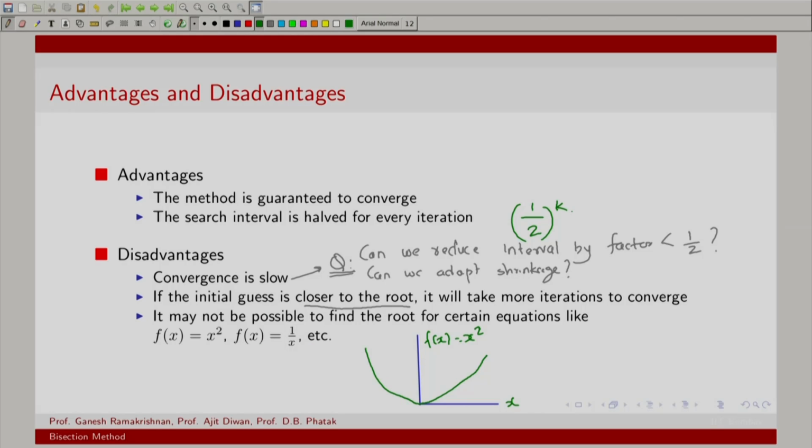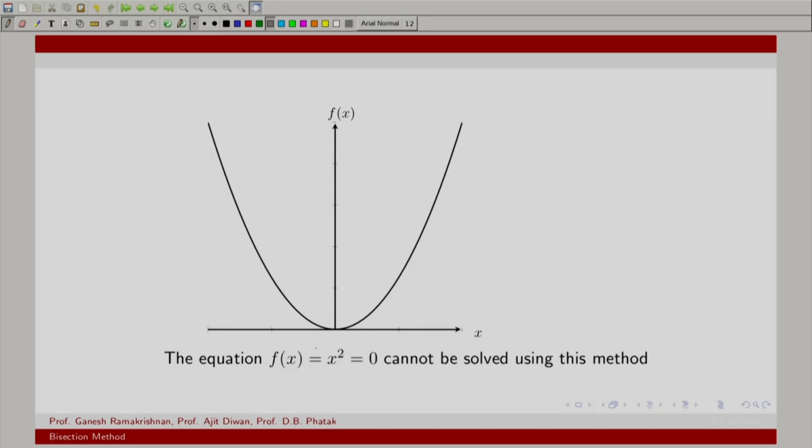On the other hand, we know that there is a root, and we know that if you were to find a and b and be able to halve the interval, you would actually find diminishing values of the function. How do you do that? Also, this won't work if the root is at infinity. So 1 upon x is a classic example. So here is the equation f(x) equals x squared, which cannot be solved using this method.